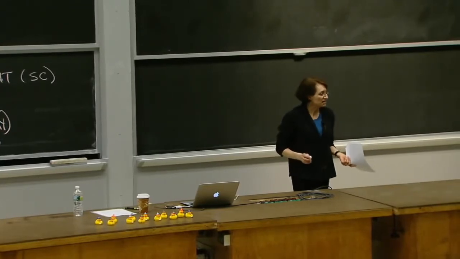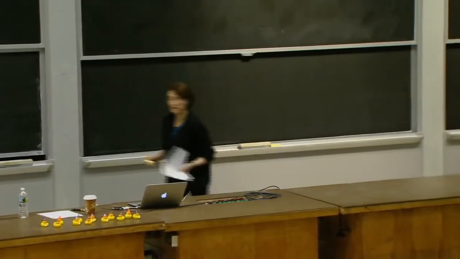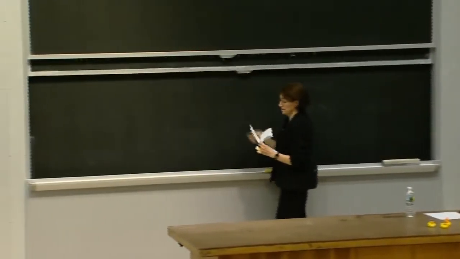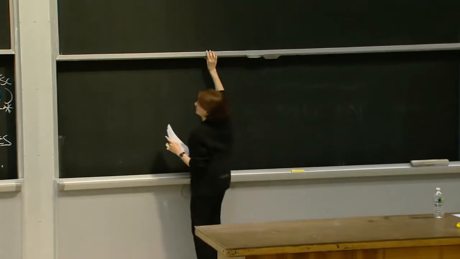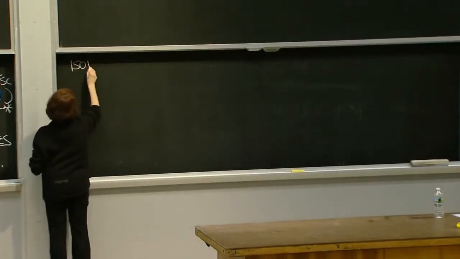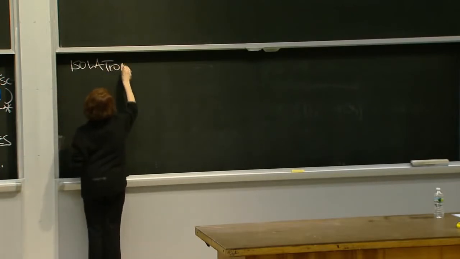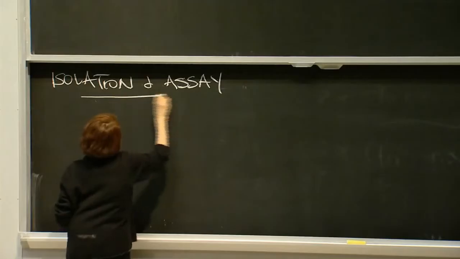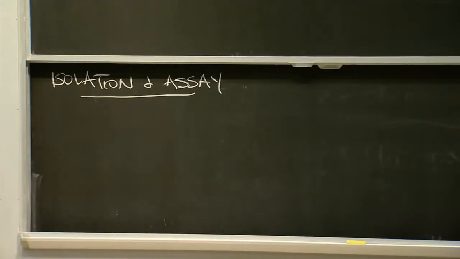But what does a stem cell look like, and how do you isolate one? It turns out that that's really difficult. So, isolation and assay. In the adult, stem cells are very, very rare.